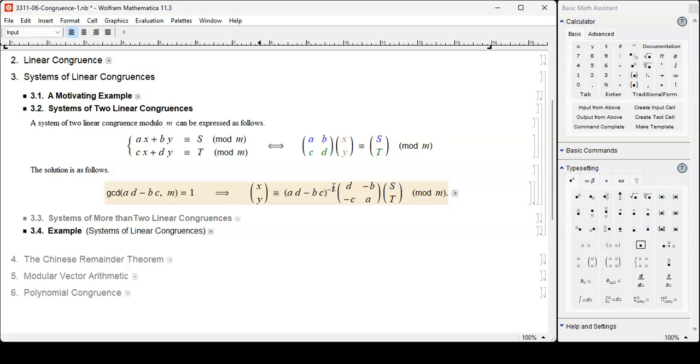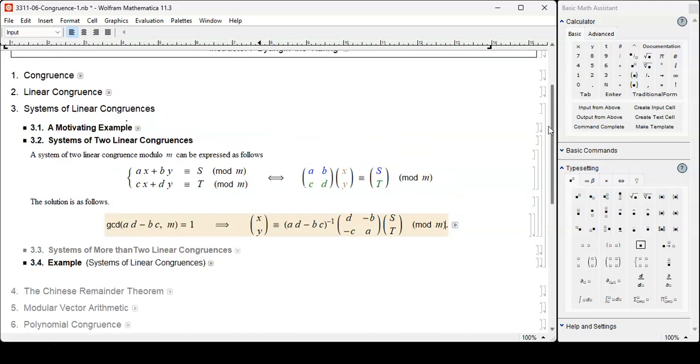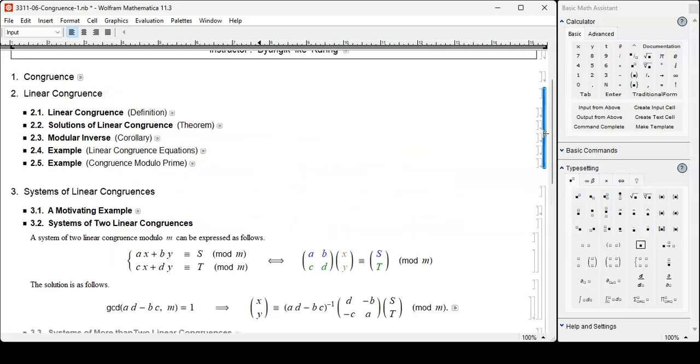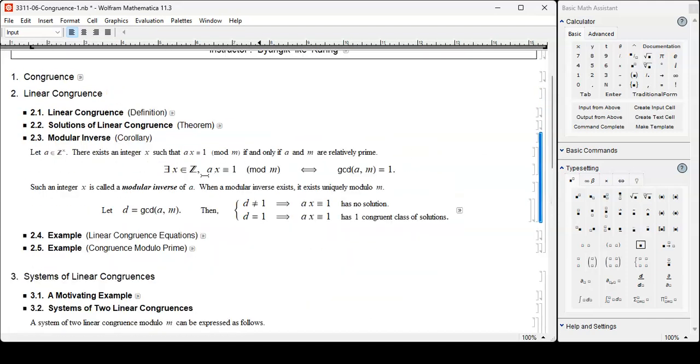And that inverse exists if and only if this determinant, AD minus BC, and M are relatively prime. Remember that? A modulo inverse exists if and only if the non-zero number and the modulus are relatively prime.